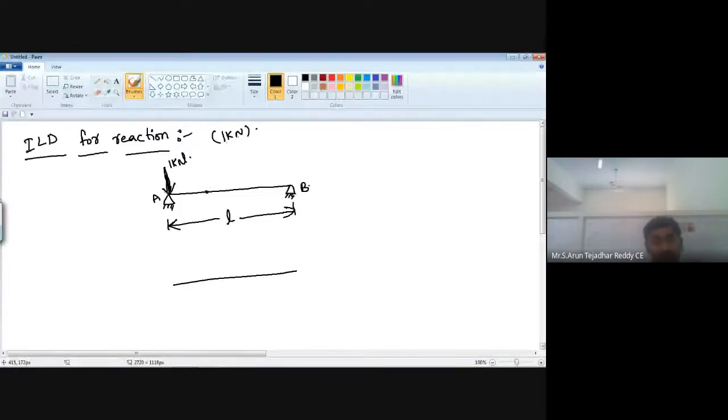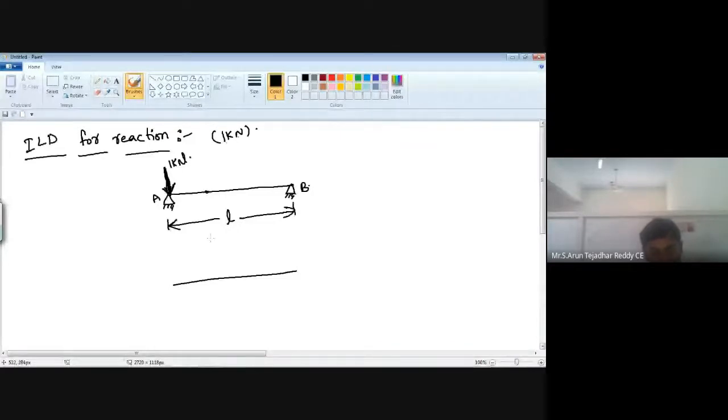Suppose if I keep 1 kilonewton load at point A, then I can't calculate the reactions. As well as if I apply the point load at point B, here also I can't calculate the reaction. So what I am trying to say here, the same 1 kilonewton load just transfers from point A to somewhere here.